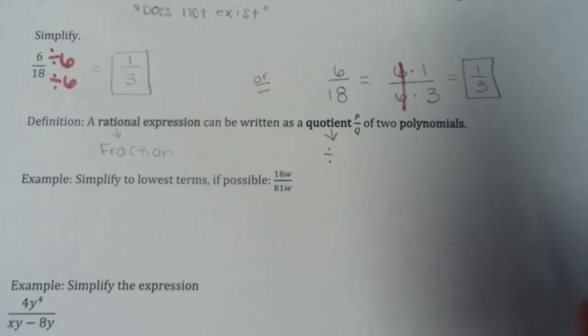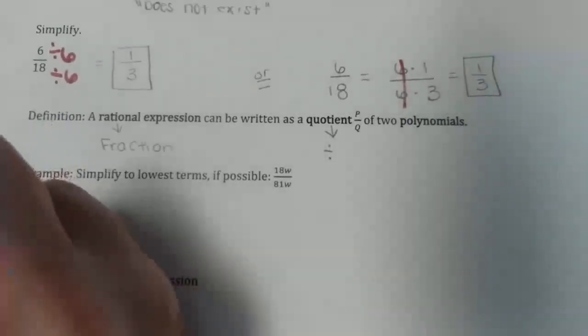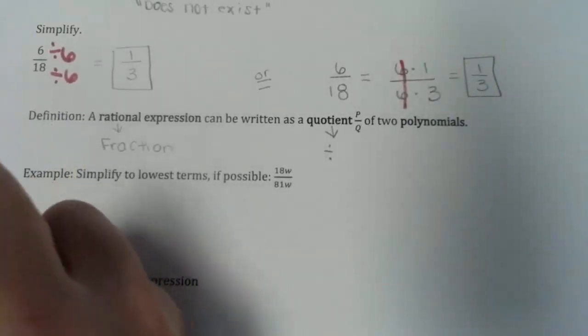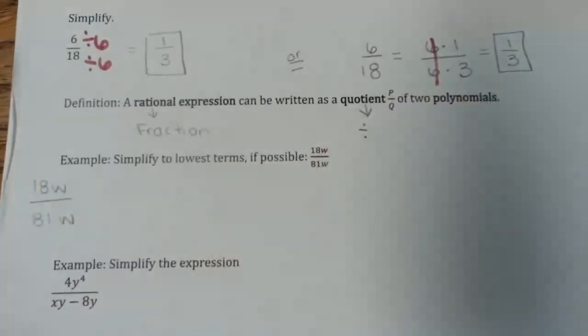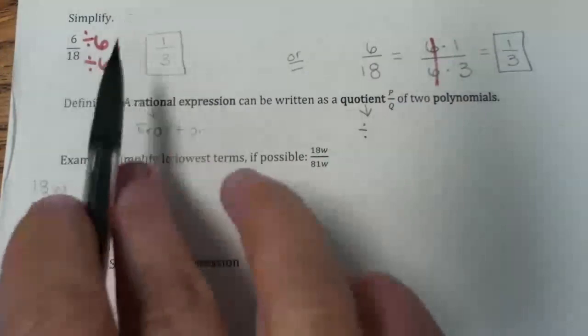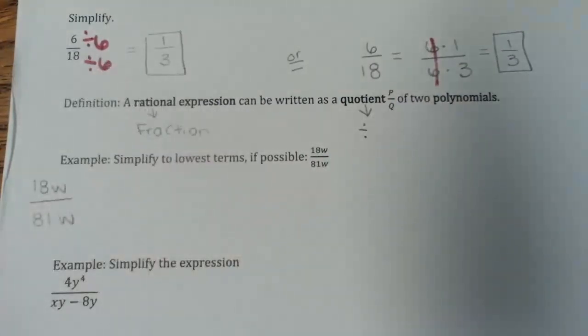So simplify to lowest terms, if possible, 18W divided by 81W. Let me rewrite it. So 18W divided by 81W. Again, multiple ways we can think about this, but thinking about it in a GCF way, like we did this one here. Looking at 18W and 81W, they both are divisible by 9, so we'll have a 9 in common, and they both have a W in common.